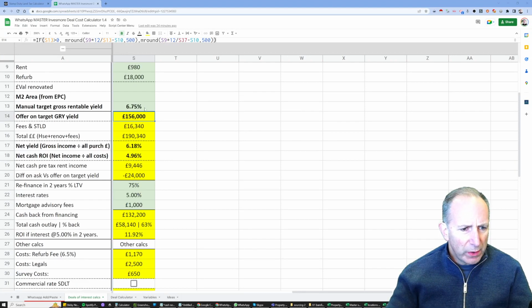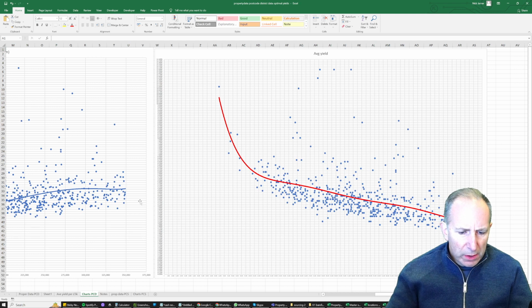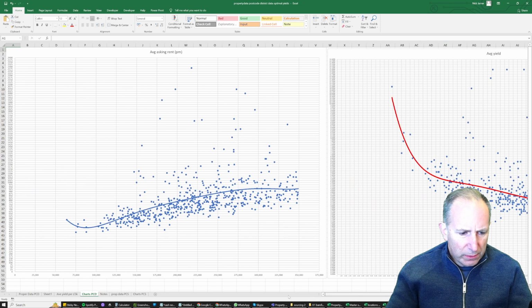Firstly I'll just do a very quick explainer on the yield targets and why we chose them. So it turns out that there is a linear correlation between asking rent or yield and price. Now there are outliers and so on, but on the whole you can say that it's a pretty linear correlation.